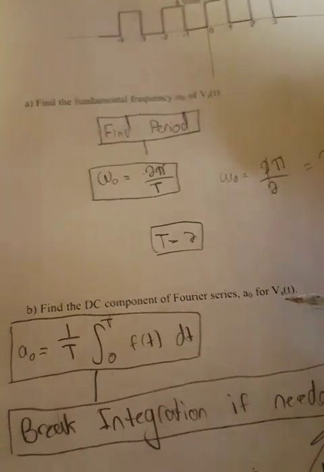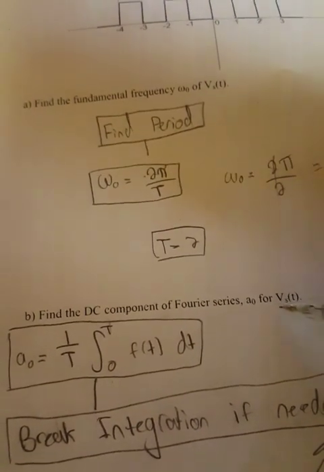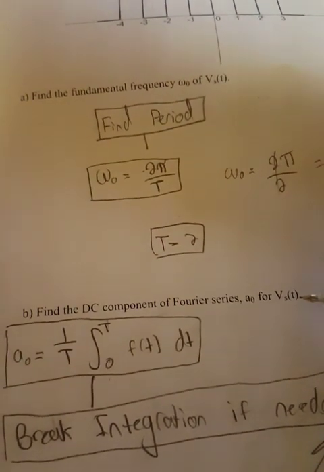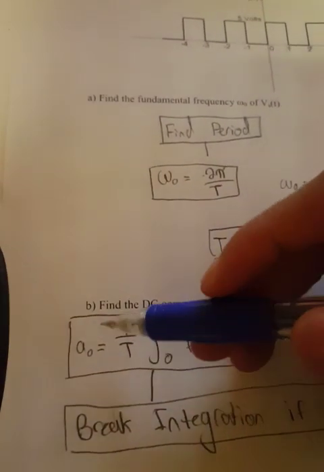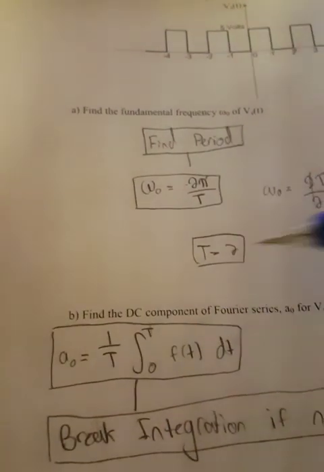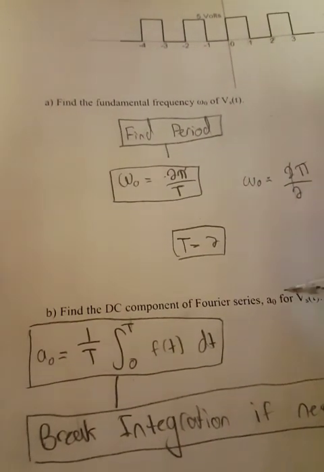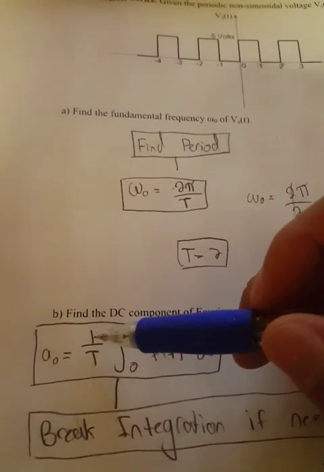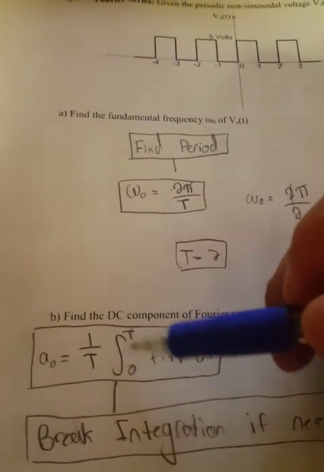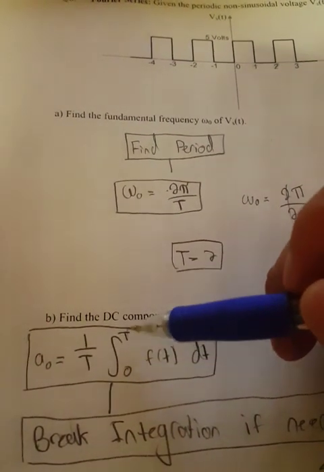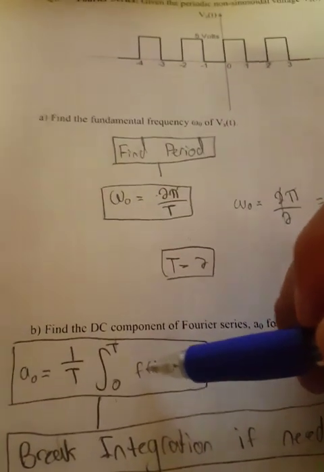Find the DC component of the Fourier series, A0. The way we solve this question, there's a simple formula. Whenever it says to find A0, we plug in 1 over T, the integral from 0 to T, of the function f(t) dt.